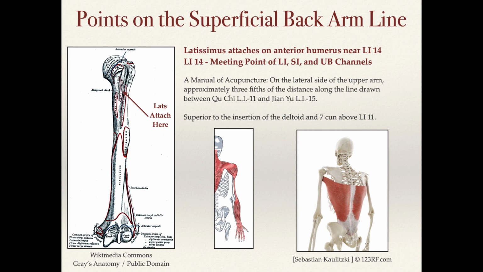So what appears to be going on here is that when we needle these points on the superficial back arm line, it's sending mechanical and fascial signals up the arms and to this intermuscular area between the biceps and the triceps, as we can see in the image here. And then at that point, it's able to affect the latissimus and cause beneficial results in the lower back area.